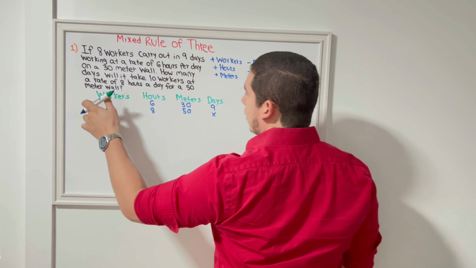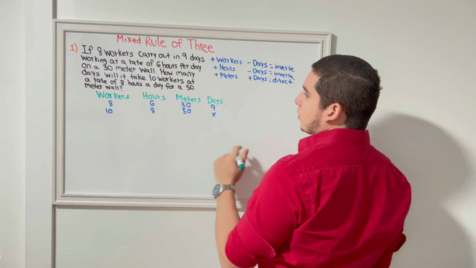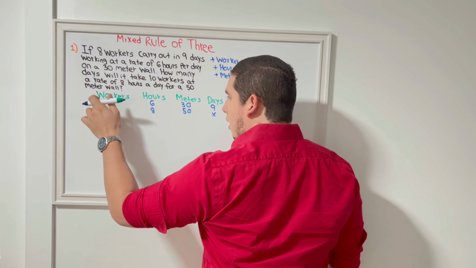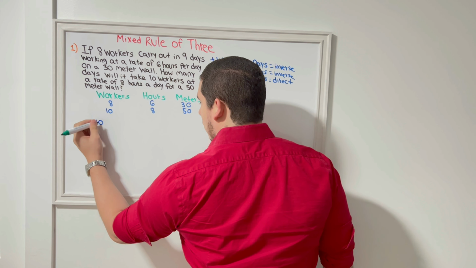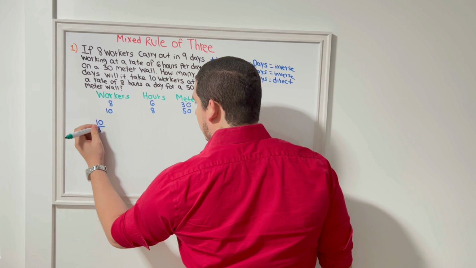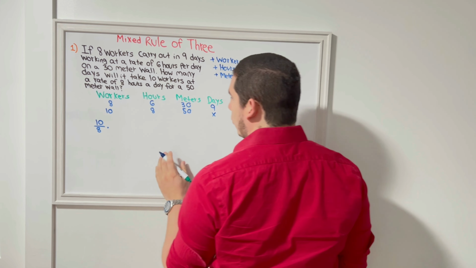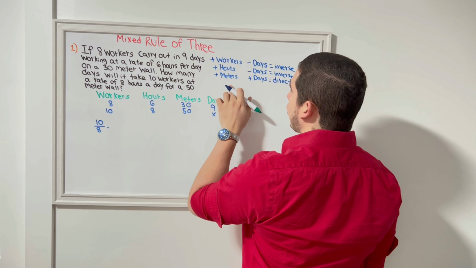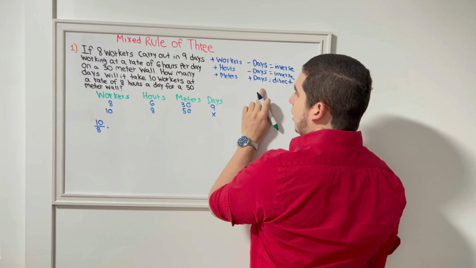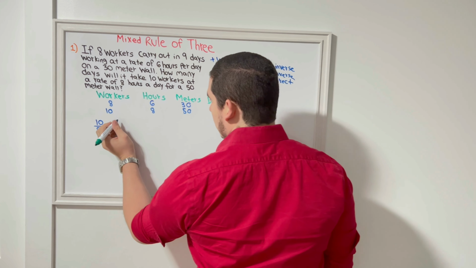So workers with days is inverse. Therefore, instead of writing 8 divided by 10, I'm going to write 10 divided by 8. This is multiplying meters. And we said that when we have more meters, it takes more days. Therefore, I'm going to leave it as it is.